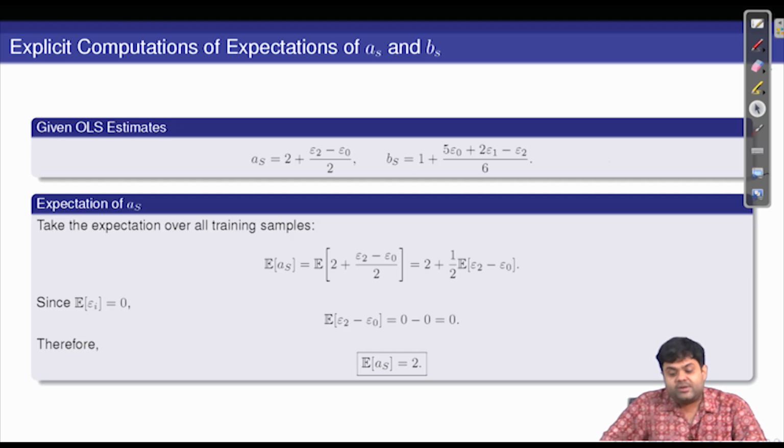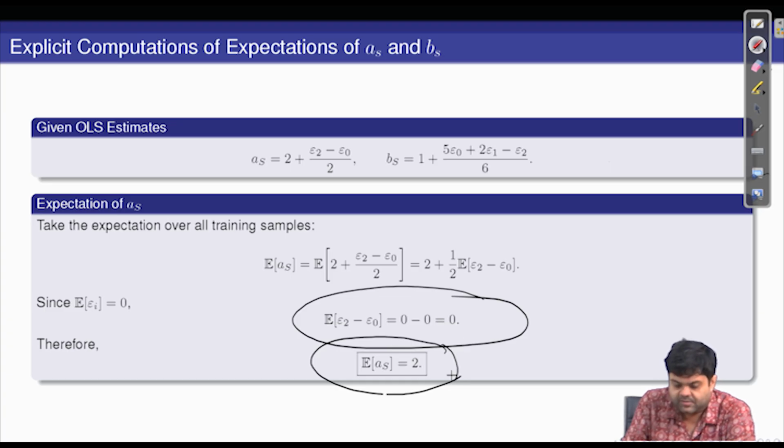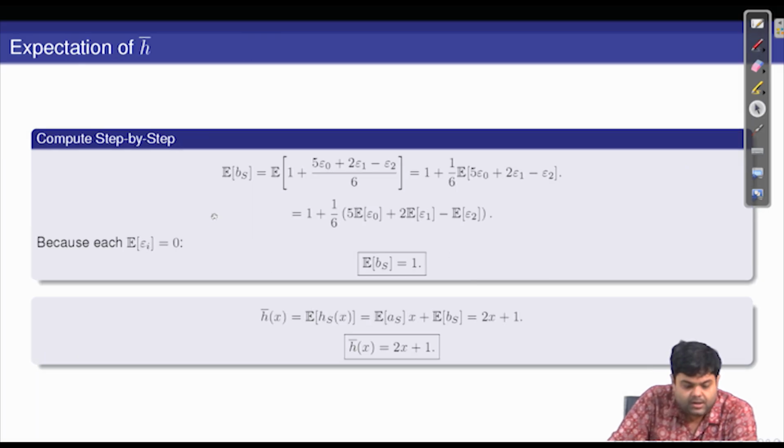Expected value of 2 is 2, and all these epsilons have expected value 0. So the expected value of this thing becomes 0. So the expected value of a-hat becomes 2. And similarly, the expected value of b-hat, because all these epsilons have expected value 0 and this is a linear combination, becomes 1.